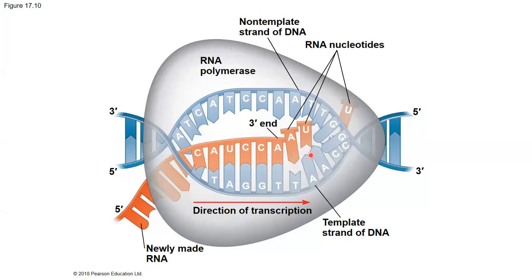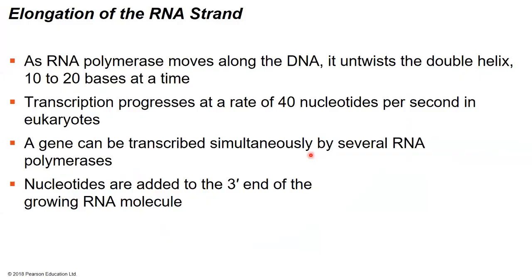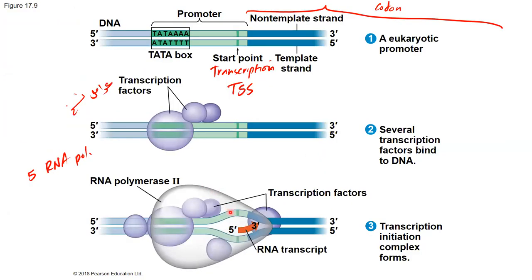the RNA polymerase does not completely separate the two strands. It will only separate the two strands within a region of DNA that is only 10 to 20 nucleotides long.